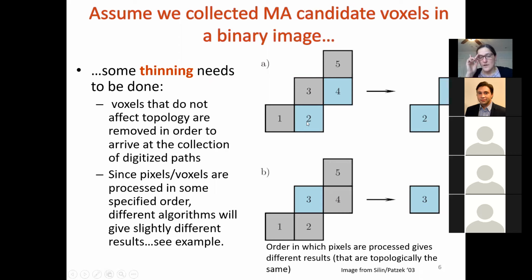One thing that you have to get comfortable with is that the choice of connectivity matters. Also, the order in which pixels are processed will throw away 1 pixel versus the other, and technically it's topologically equivalent to throw away either of them. So which one you throw away depends on the order in which you process pixels or voxels.